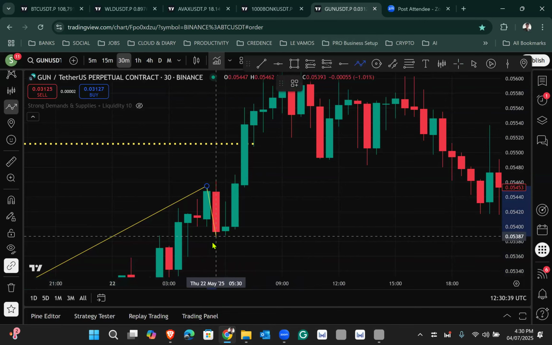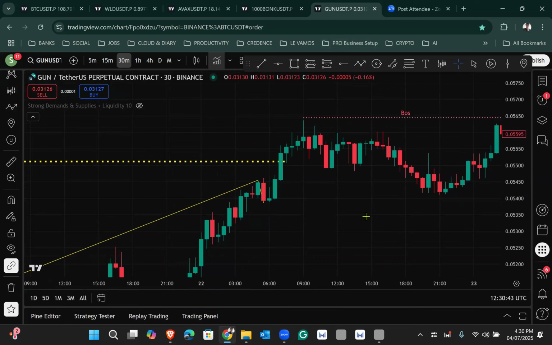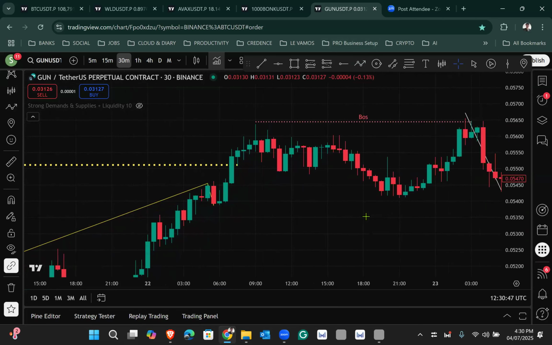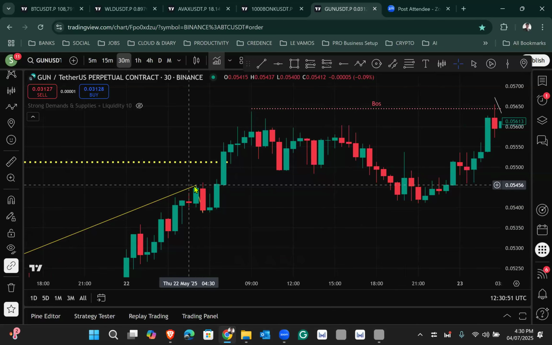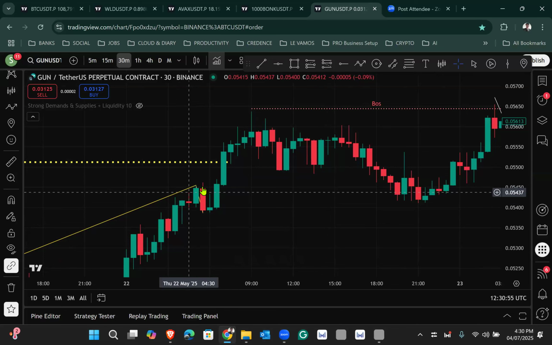Why didn't I consider this? Probably this wick is higher than this. That's why I thought maybe this is not a valid one.